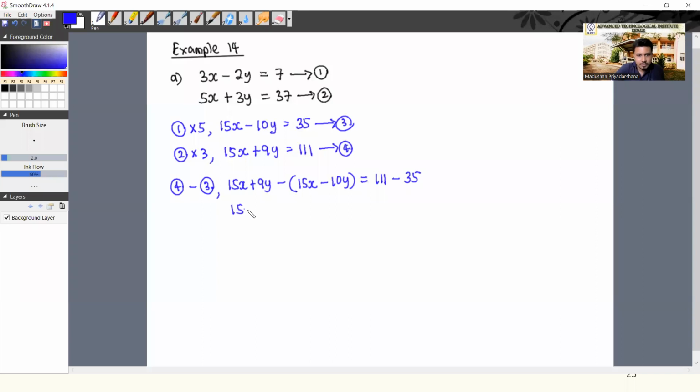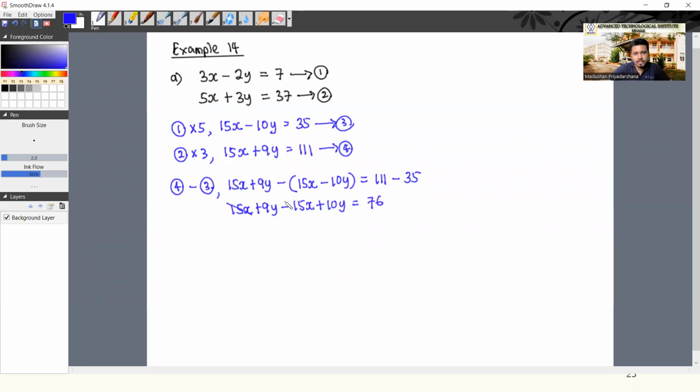So let's remove this bracket. Then it will be 15x plus 9y minus 15x, minus into minus will become plus 10y, equals 111 minus 35, that is 76.